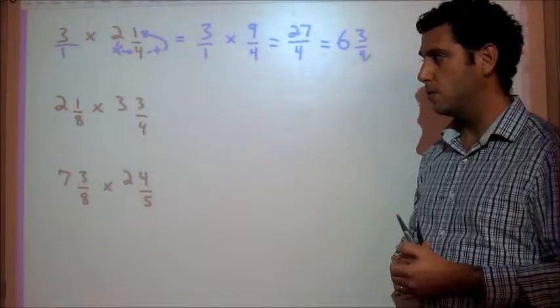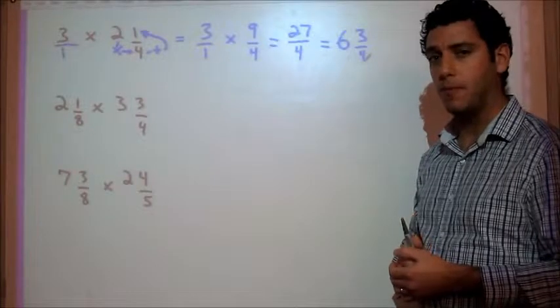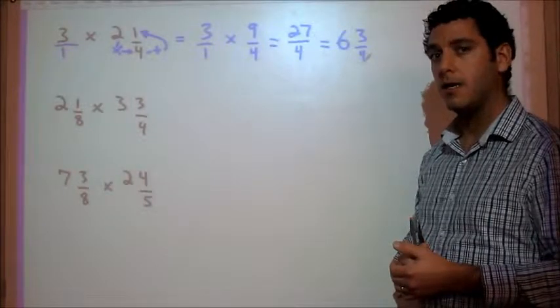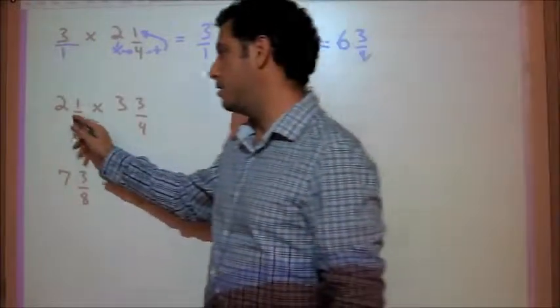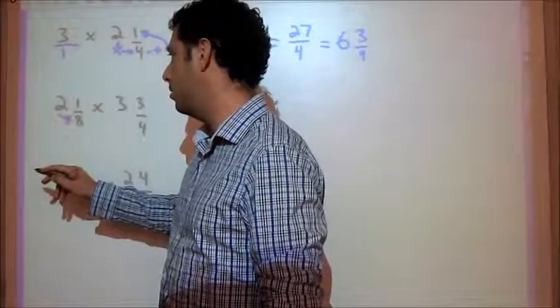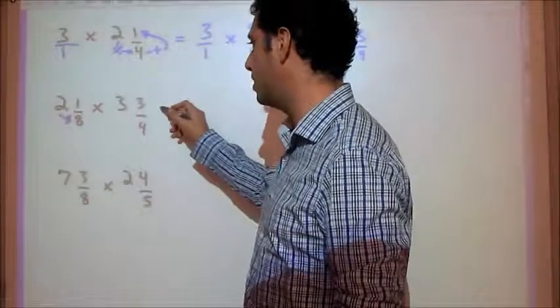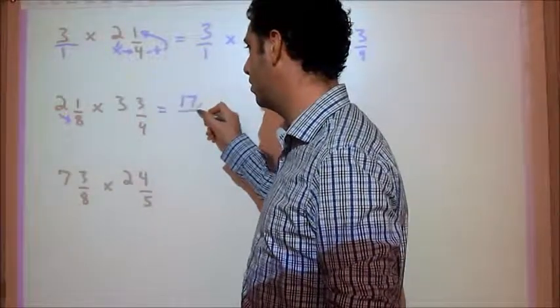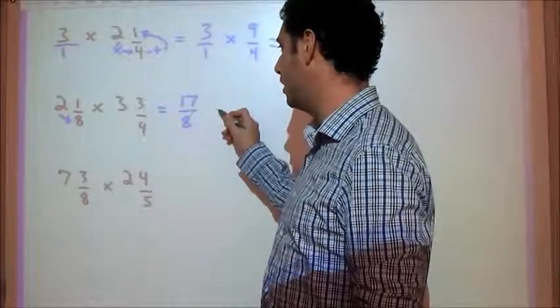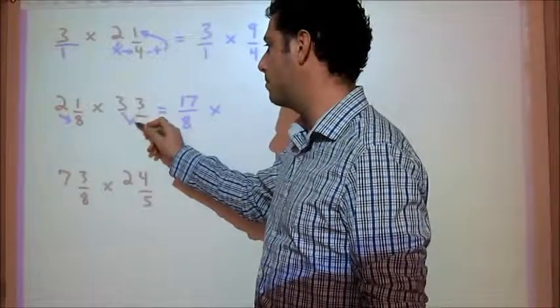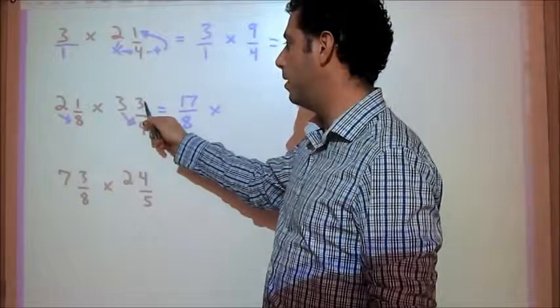answer. So convert them into improper fractions first, and then multiply straight across. So let's do that. 2 times 8 plus 1, that would be 17 over 8, times 3 times 4 plus 3.